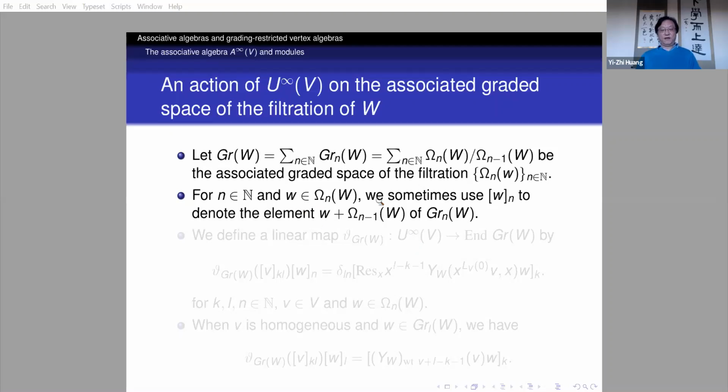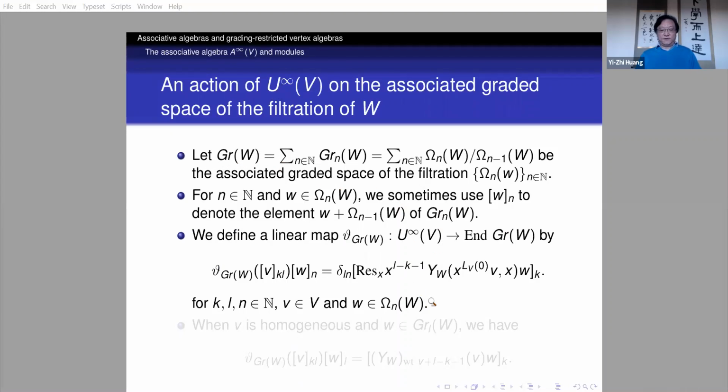Okay. So then given any w in Omega n, certainly we can write w plus Omega n minus 1, which is in the nth homogeneous subspace, and we use this notation to make it simpler to write. Now we want to define an action of this U infinity V on this gr W. So the definition is the following.